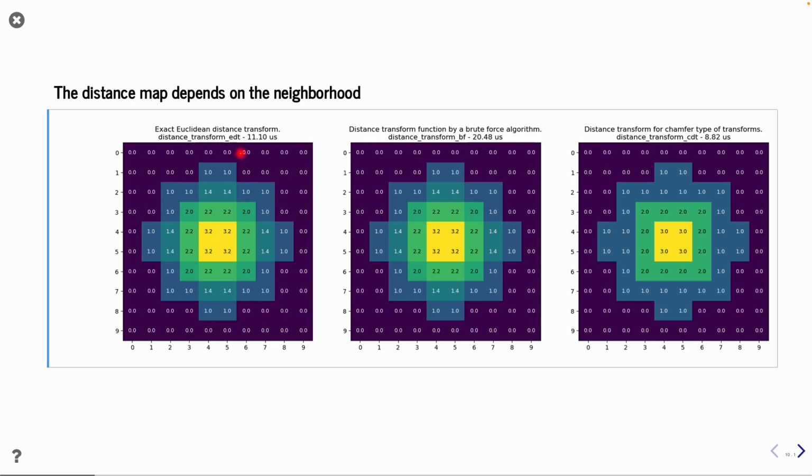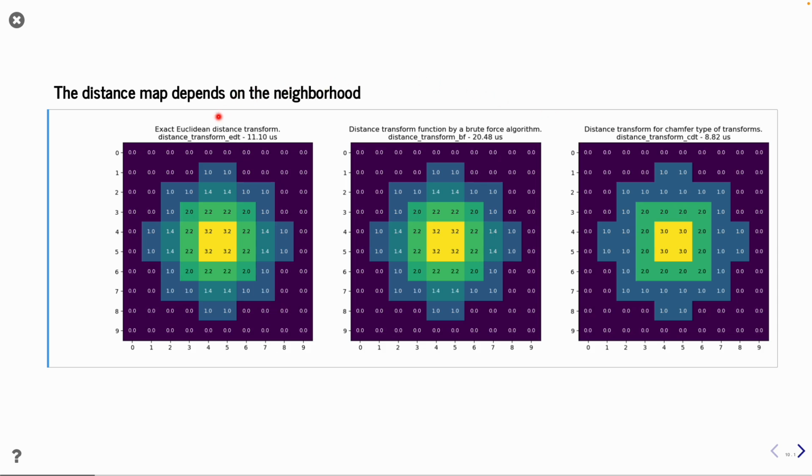Anyway, this is the wrong title of the slide, because this actually shows Euclidean distance using different approaches. So this one gives essentially the same. Those two, it's a brute force, and it's implemented as an exact transform in scikit-image. And that one is using a different algorithm called chamfer. That's an approximation to the Euclidean distance.